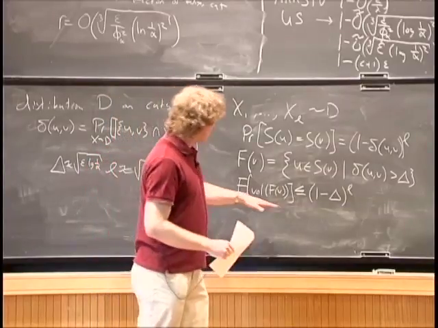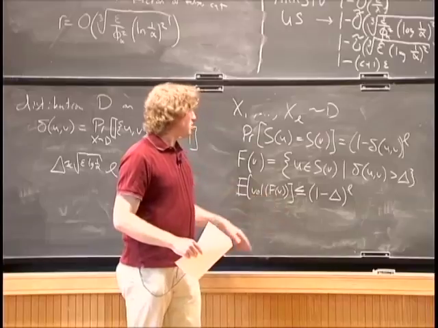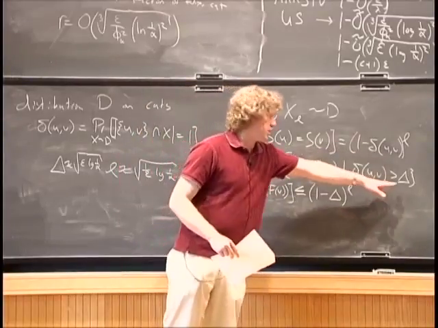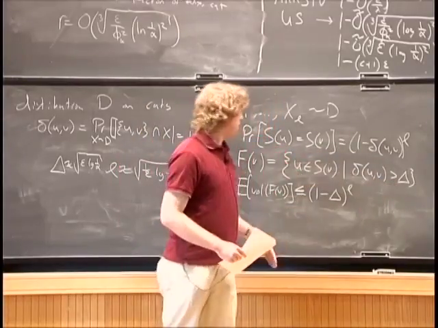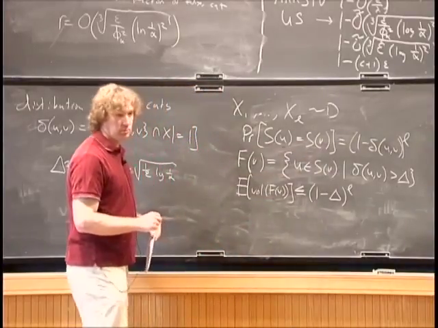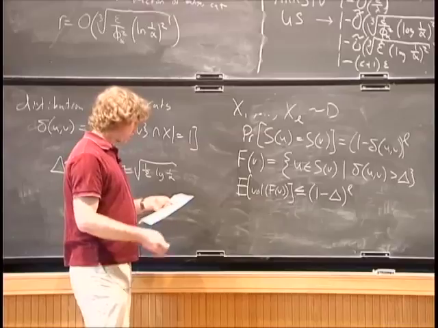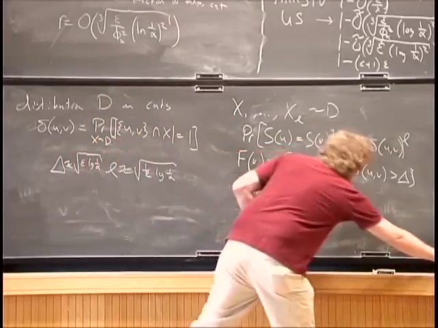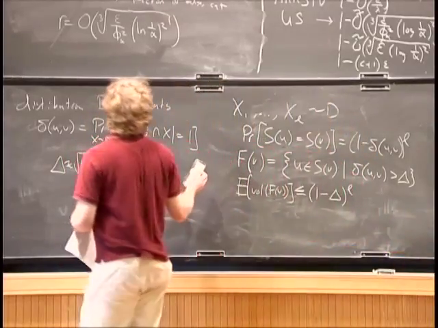Because to be far from V, delta UV has to be at least big delta, and it has to be in the same set.